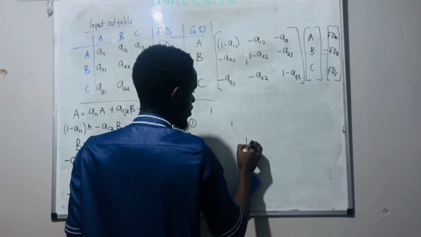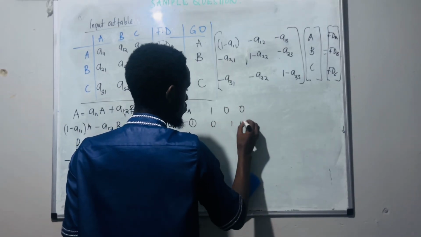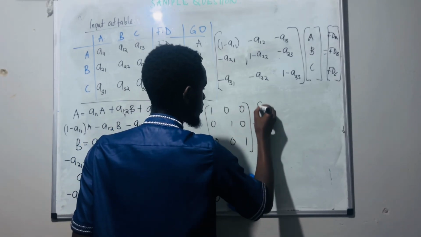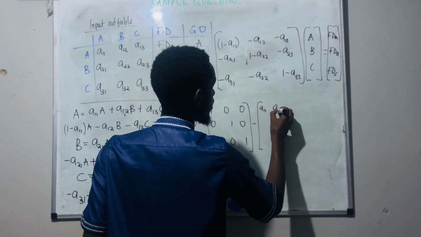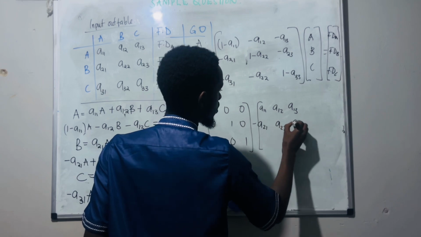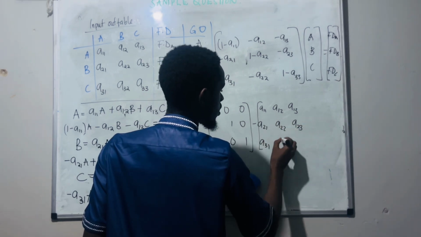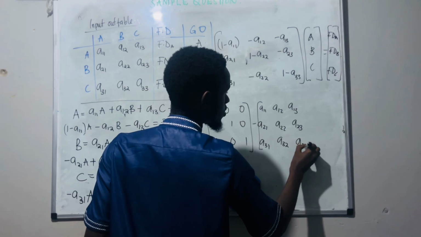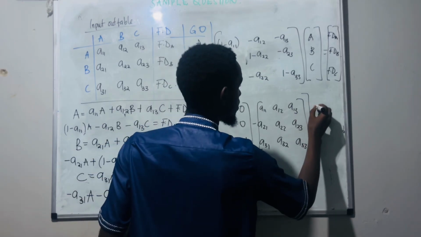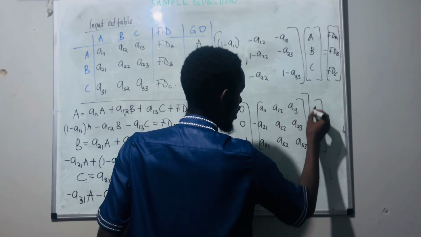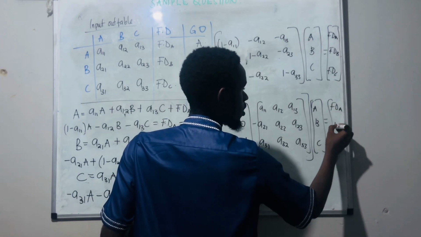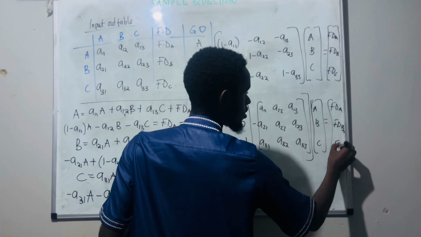I have 1, 1, 1, then 0, 0, 0, 0, 0, 0, minus A11, A12, A13, A21, A22, A23, A31, A32, A33. The whole of this, if I multiply it by A, B, and C, I'll be able to get the final demand matrix, FDA, FDB, and FDC.